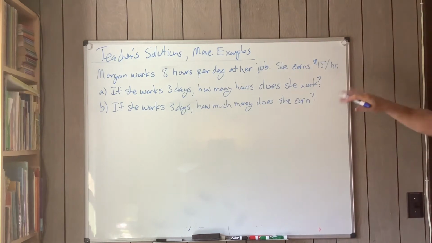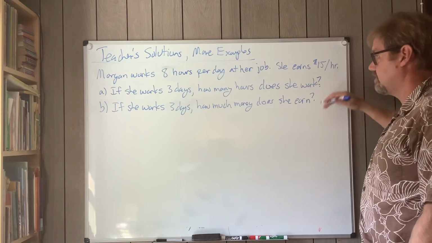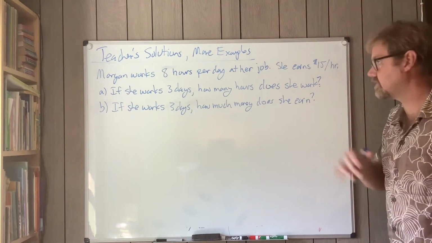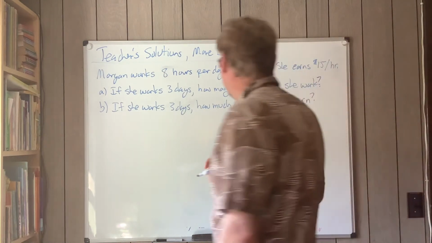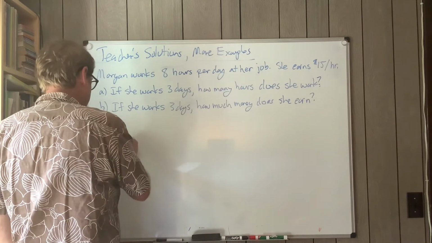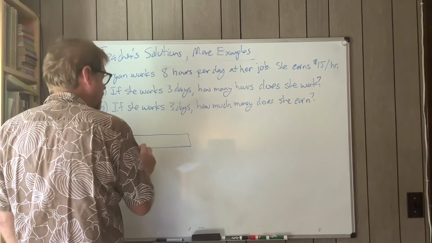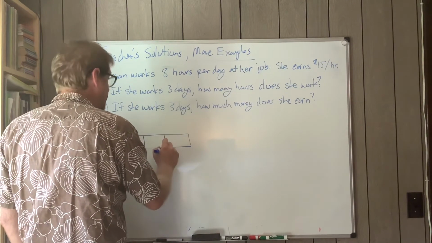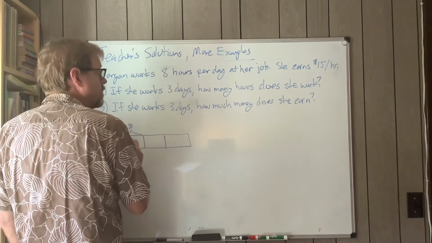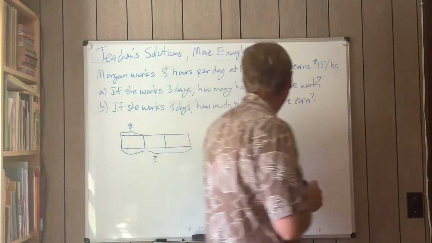Okay, so this is sort of a two-parter, and finding the first helps us find the second. So we'll have to do this a couple of ways. So she works 3 days, how many hours does she work? Well, this is all just hours, right? We've got 8 and question mark.